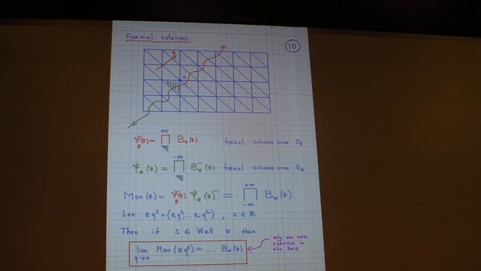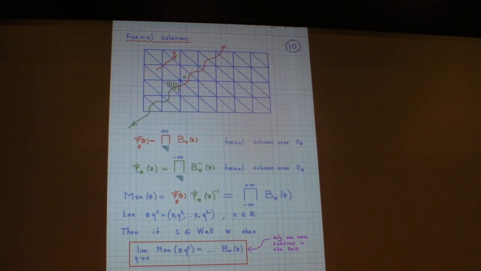It's not obvious why this infinite product converges, but if you do it in the direction of the stability condition, then it converges. And there is another solution, which is kind of the opposite of that. So it's a power series in the inverse powers of Z, in a sense.